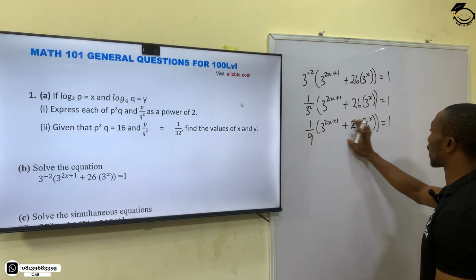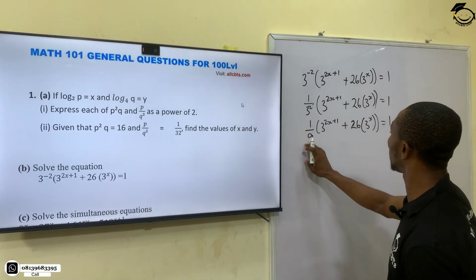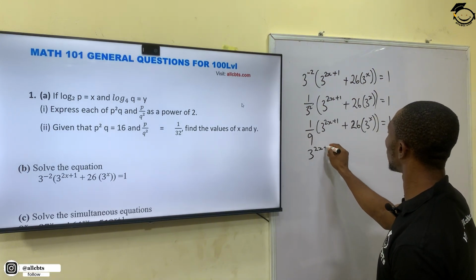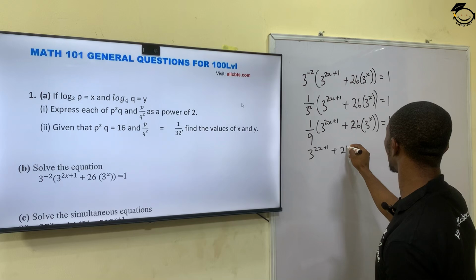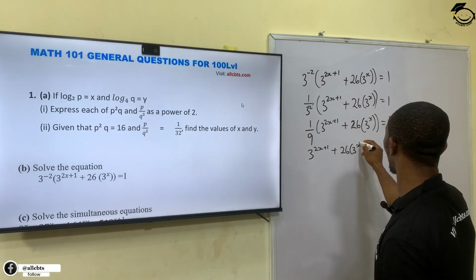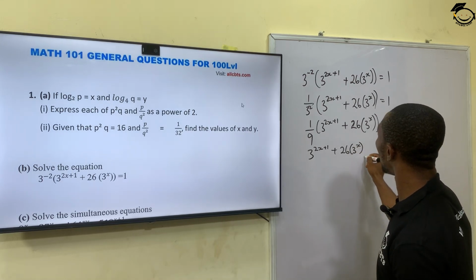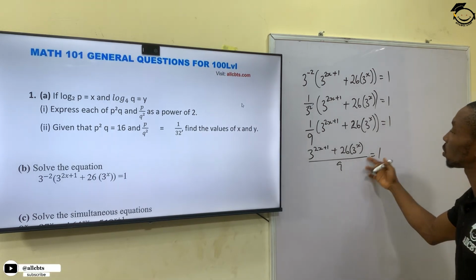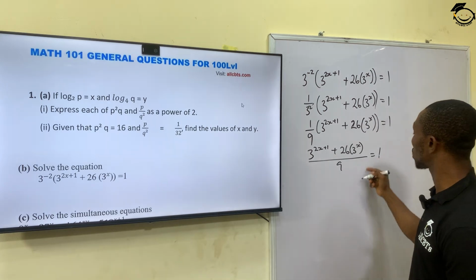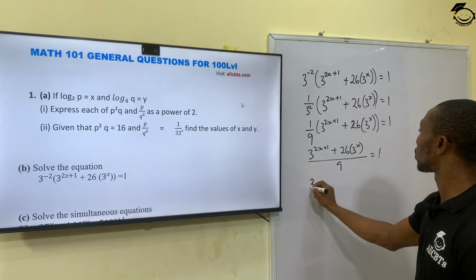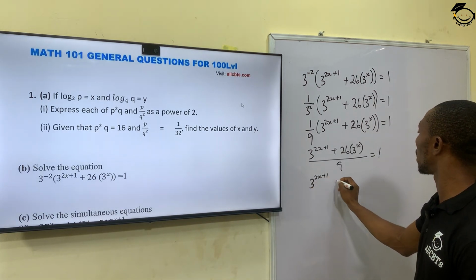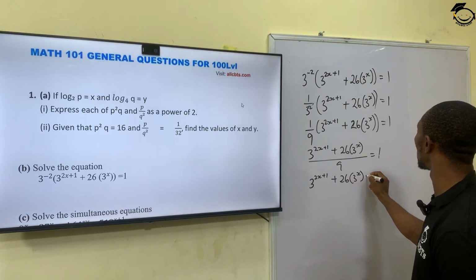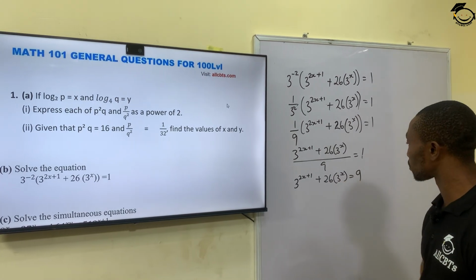Now since this is multiplying everything in the bracket, we can put it as 3 raised to the power 2x plus 1 plus 26 bracket 3 raised to the power x all over 9 equals 1. So from here we cross multiply. If we cross multiply, this becomes 3 raised to the power 2x plus 1 plus 26 bracket 3 raised to the power x equals 9.